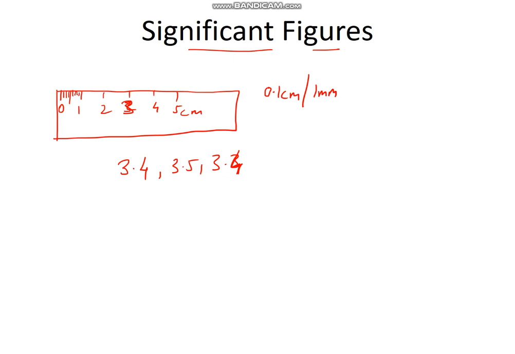So by this we understand that average value is somewhere between 3.4 and 3.5. So if we take average over here, you will get it as 3.433 and so on. So this is the arithmetic average or mean that we'll get.